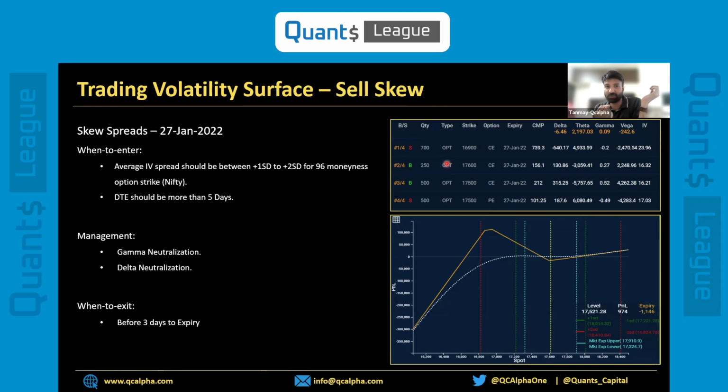The ATM strikes, which are lower priced, should actually be priced much higher, meaning the vol needs to go higher. So what I do is sell the ITM calls or OTM puts. It doesn't matter whether you create a call spread or a put spread; the structure can be created in multiple ways.